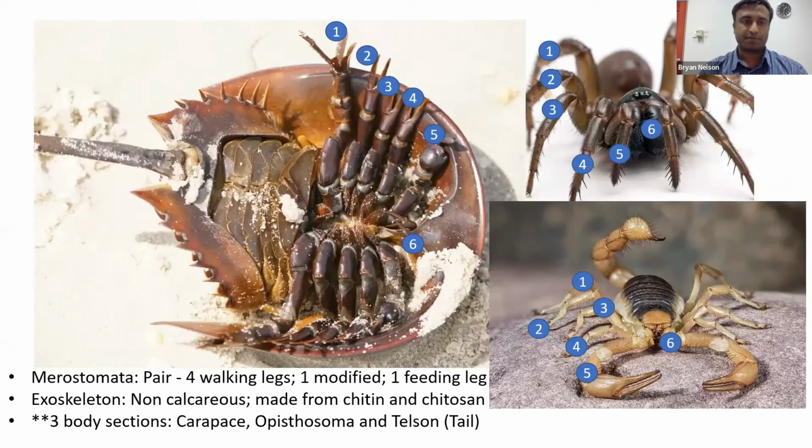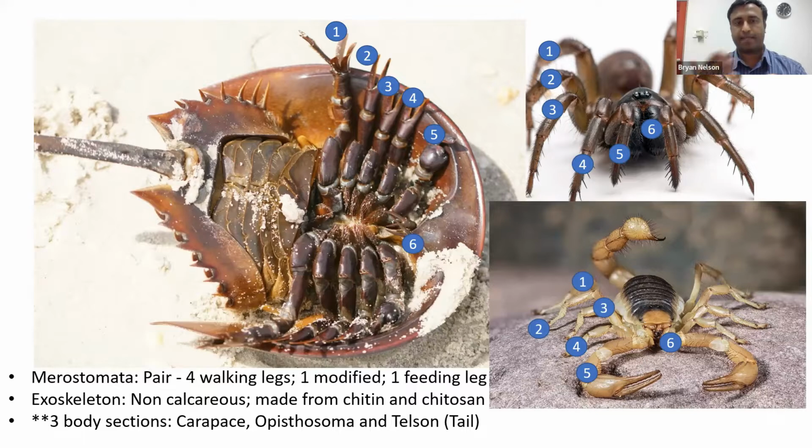It's simply because being a Merostomata, it has 6 pairs of legs, 2 that are at the mouth, and then 1 is modified. Usually for the male, it is for mating. For the female, it is for searching for suitable ground to penetrate and burrow. So I will go on with that.